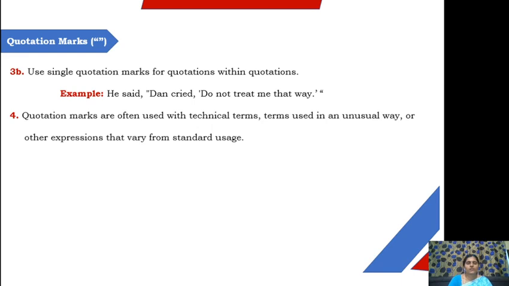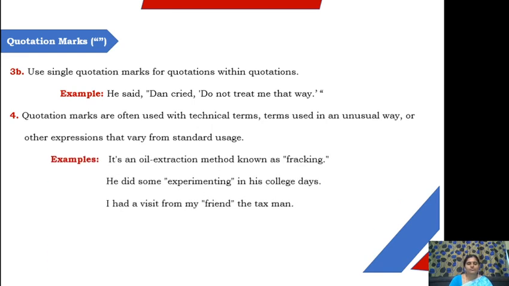Quotation marks are often used with technical terms, terms used in an unusual way, or other expressions that vary from standard use. It's an oil extraction method known as "fracking." This is a technical term, so it is indicated in quotation marks.